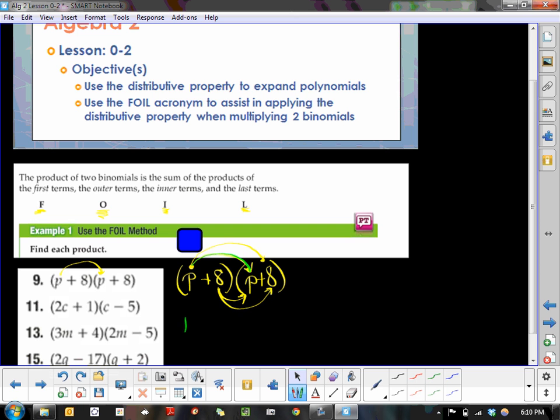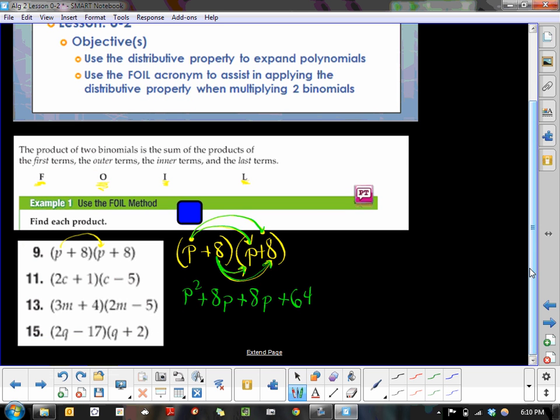It's going to be p squared. We're going to take p times 8, which is 8 times p. Then I'm going to take the 8 and multiply it times the p, and again that's going to give us an 8 times p. Then I take the last terms and multiply them together, and that's 8 times 8, or 64. Okay, now we're going to look for collecting like terms.